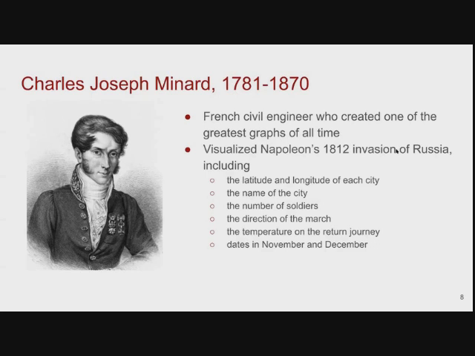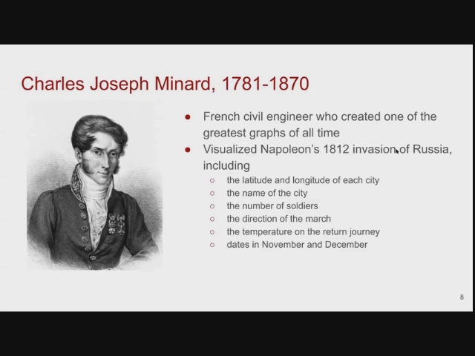Also, because it's an invasion going forward, he was recording the number of soldiers at each step, and at the same time the direction of the march. Moreover, the temperature on the return journey, as well as how the invasion at each step happened on particular dates in November and December. Just imagine how much information that graph has to include.